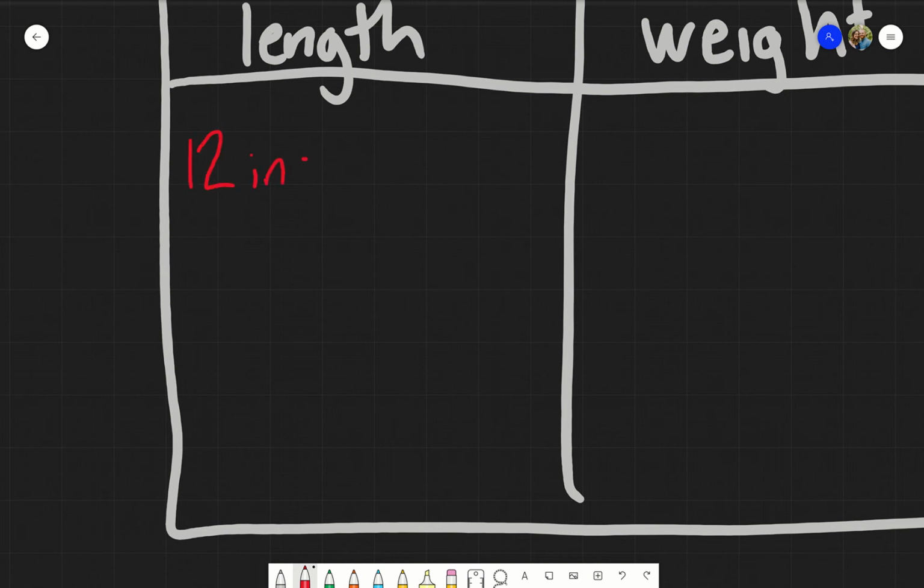12 inches equals 1 foot. You should all know that. 3 feet equal 1 yard. Again, that should be one that's pretty common.